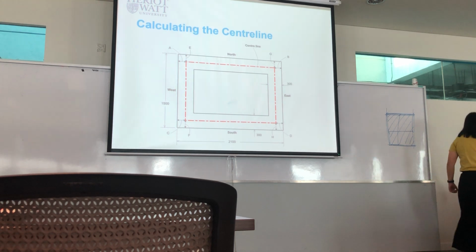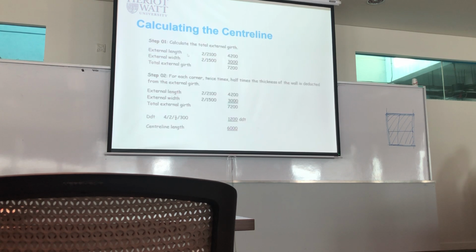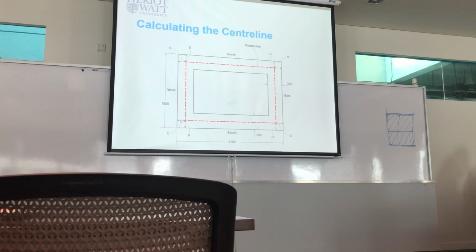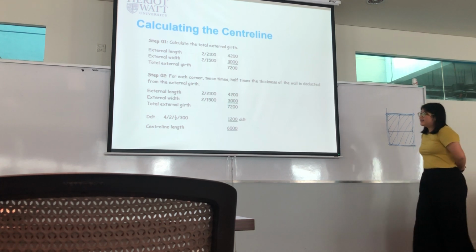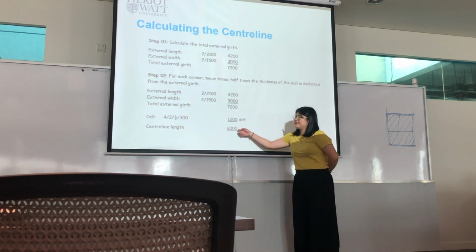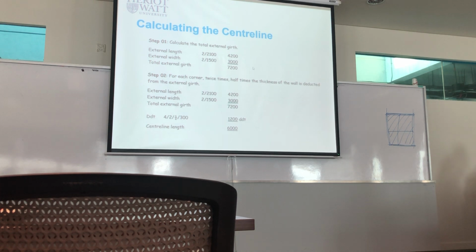Understand? Half. For one line, you have 2. Right? How many corners you have? 1, 2, 3, 4. 4 corners. So you deduct 1, 2, 0, 0. Okay? So your center line will be 6 meter. Meaning the red color line here is 6 meter.